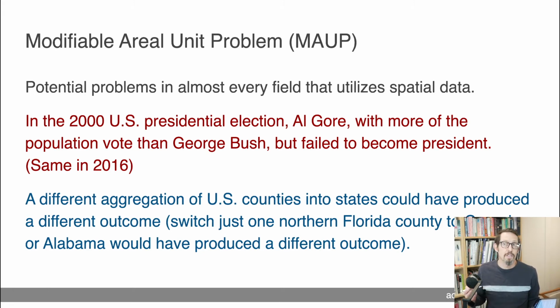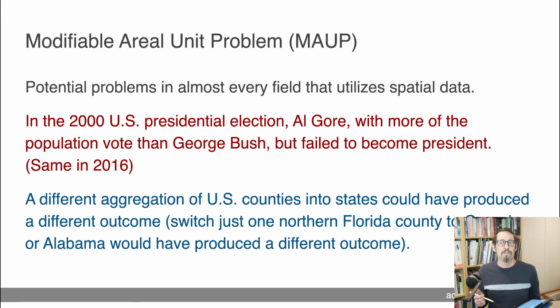For instance, in the 2000 US election, Al Gore won the popular vote by a narrowish margin. I don't remember right now, but call it like 2% or something like that.